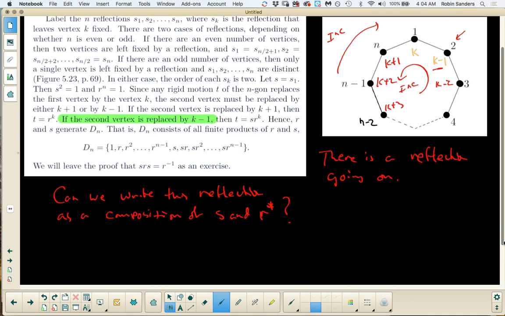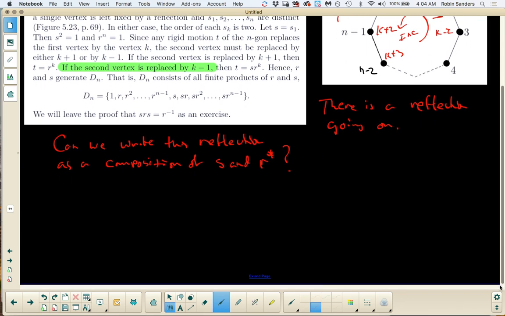What I'm going to do is realize that I know what r to the k looks like. Or rather, I know what r to the k minus 1 looks like in my outside cycle.